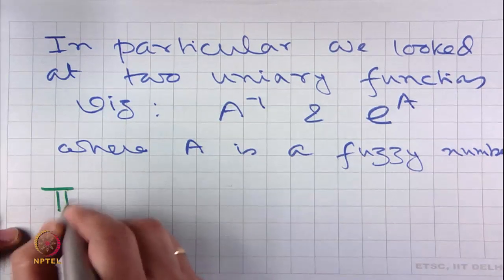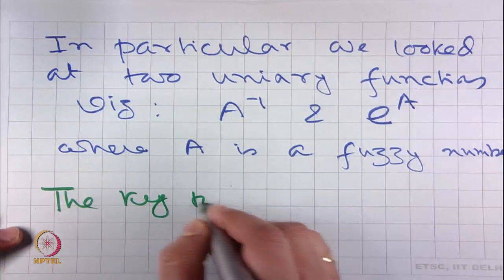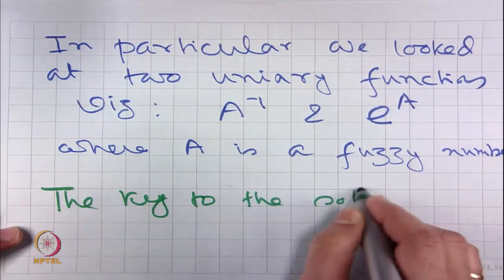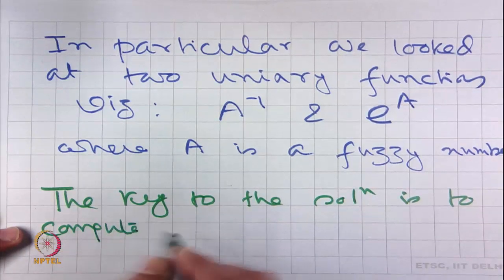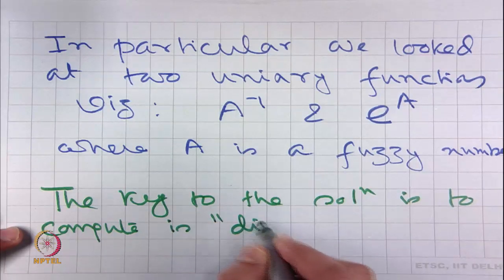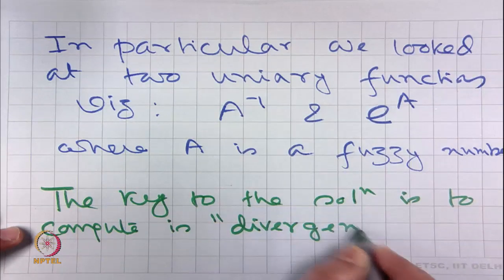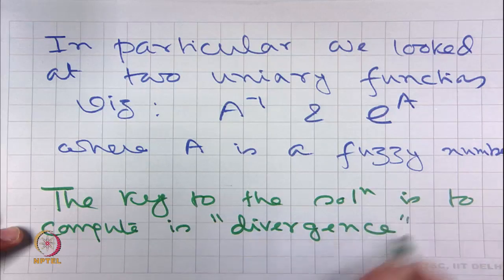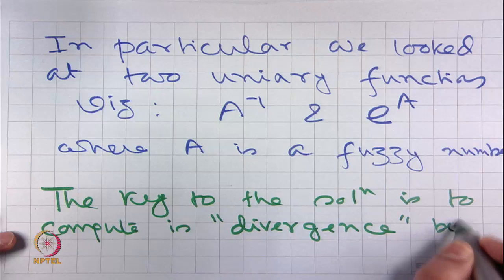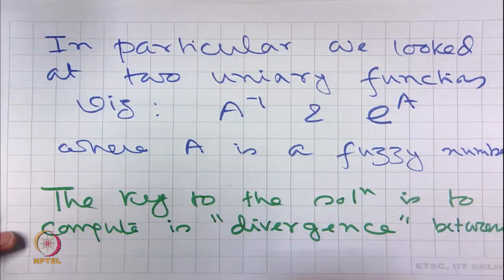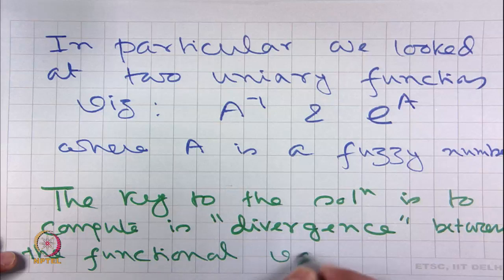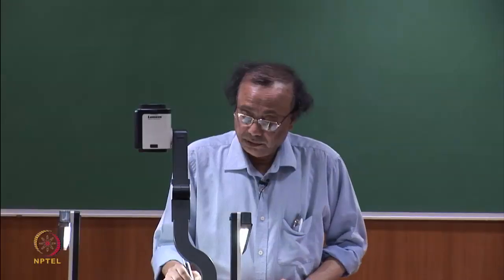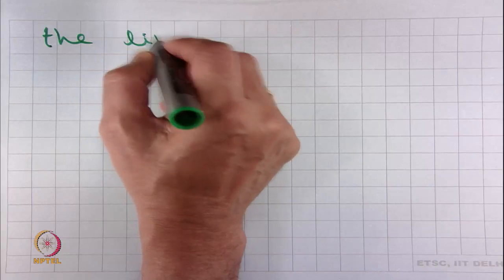The key to the solution is to compute the divergence between the functional value and the linear approximation.